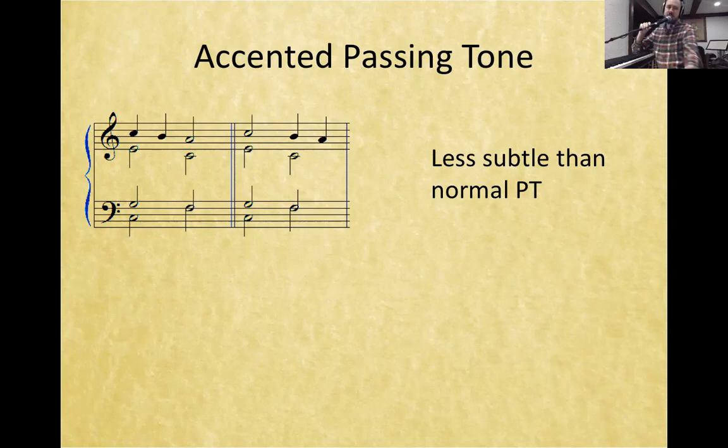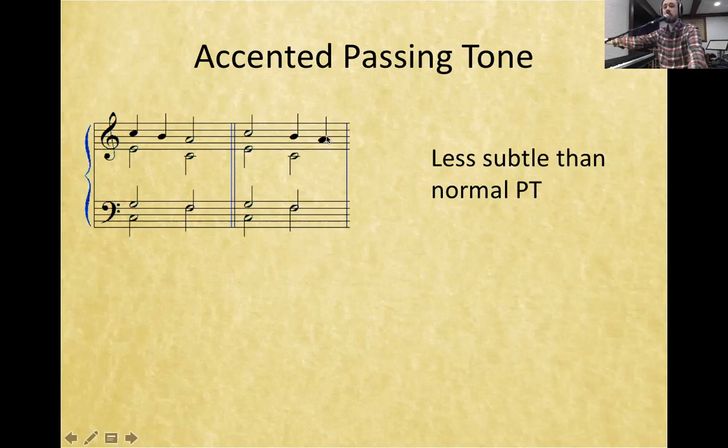Now, it's important to say that even though the rhythm has changed, the directionality, the intervallic elements and the directional elements of this passage are still the exact same. So it's still a passing tone because look, we've got a preparation note that's in the chord.